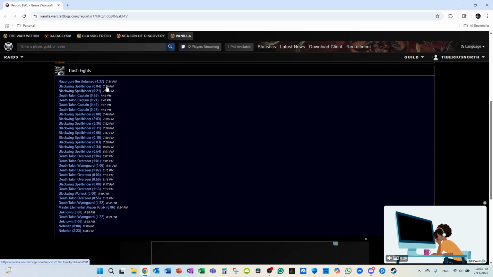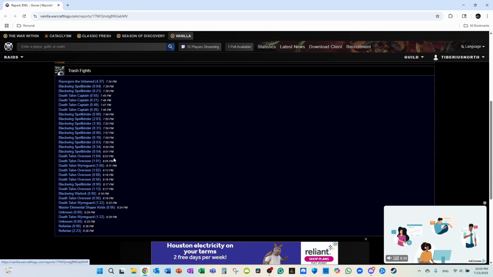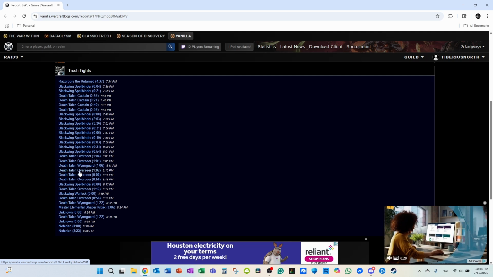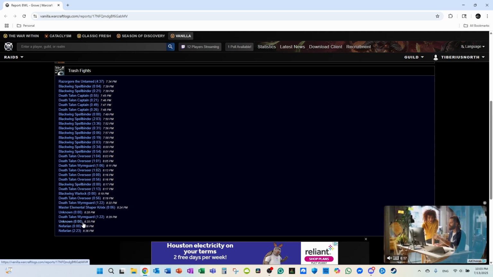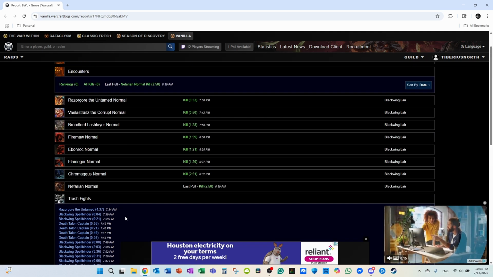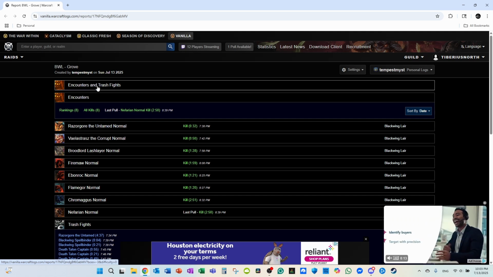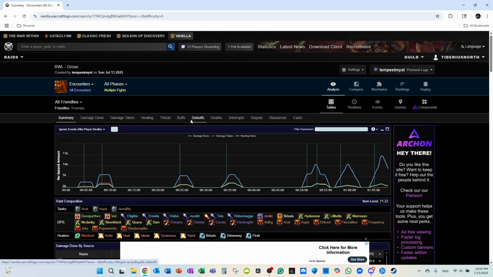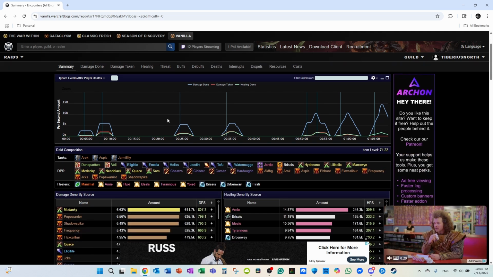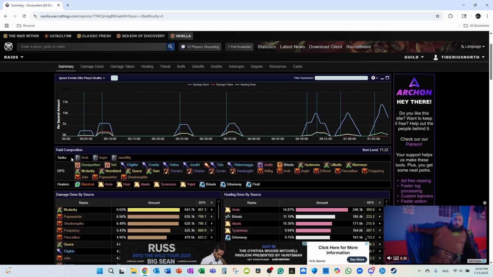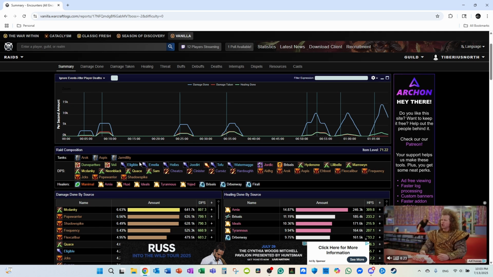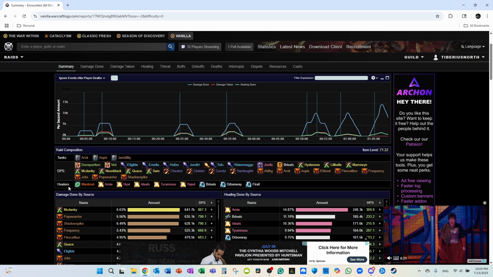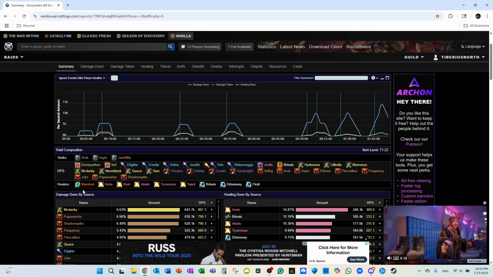And then here you see an overview of the times you fought these different things, like when you fought these different mobs and when you fought this boss, Nefarian, for example. But let's say you want to look at the encounters. So this is all the boss fights. It will automatically track who were tanks, who were DPS, and who were healers based on the abilities they used during the fight.